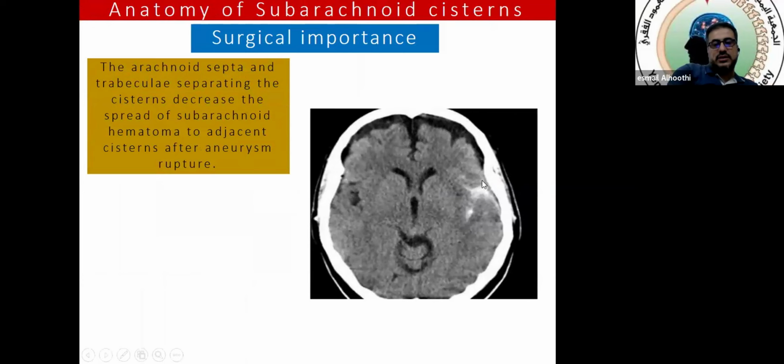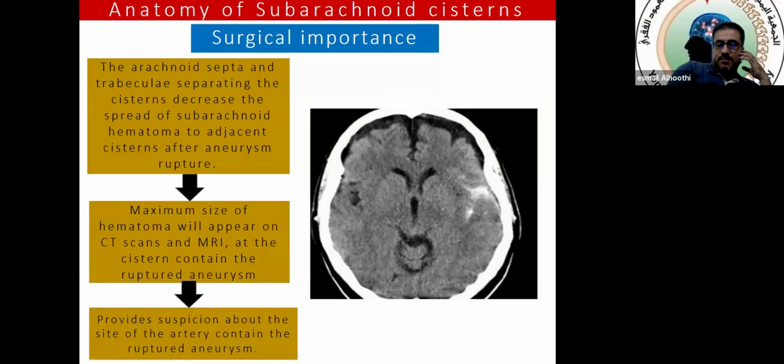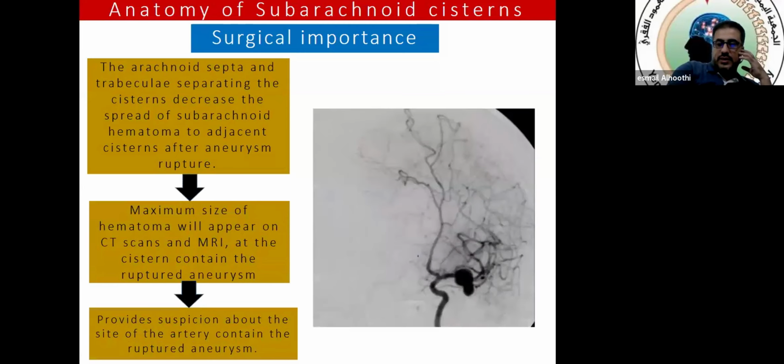As we see here in this axial brain CT, there is hematoma in the Sylvian fissure at the left side. It gives us the impression that the lesion is in this area, which is usually a middle cerebral artery aneurysm, as we make sure and confirm by the CT, by the cath angio.